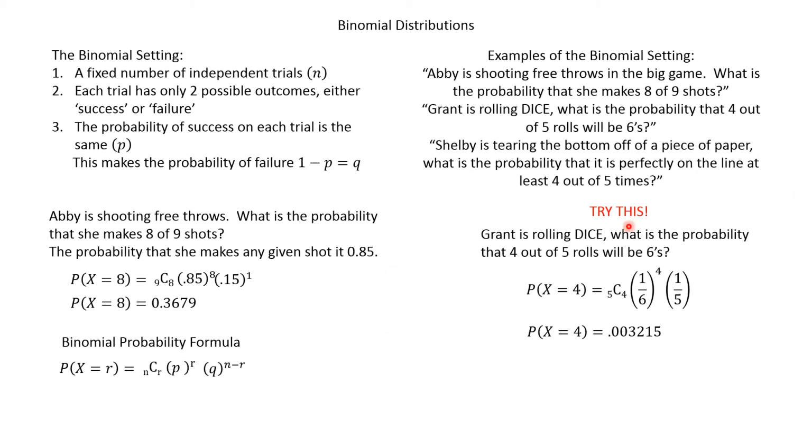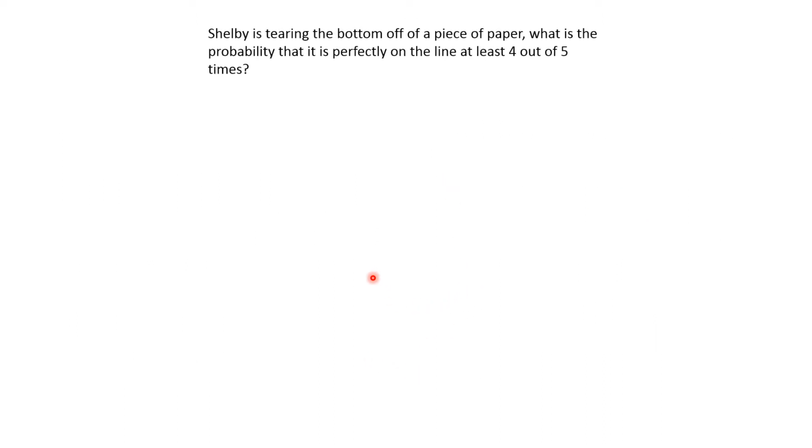We're going to do that on the next slide just because there's not much room. So, Shelby is tearing the bottom off a piece of paper. What is the probability that it is perfectly on the line at least 4 out of 5 times? What is different with this question than the other? It's at least.